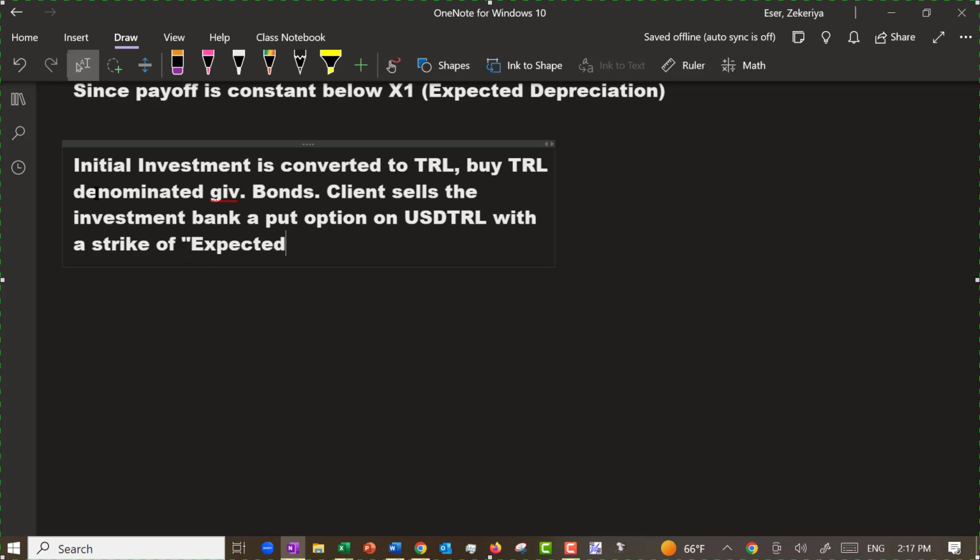We know that ahead of time. And client buys up and out, with rebate, of course, call option from the investment bank.